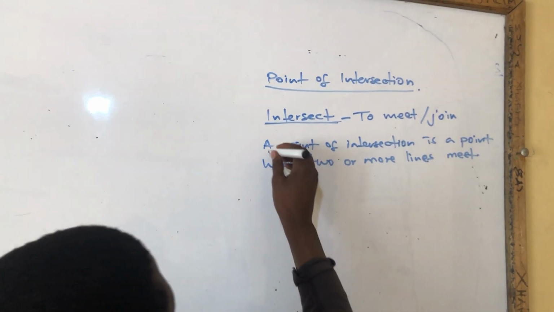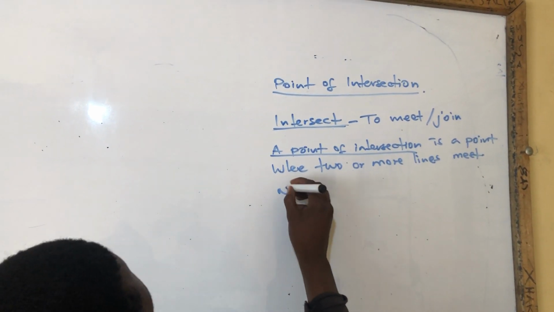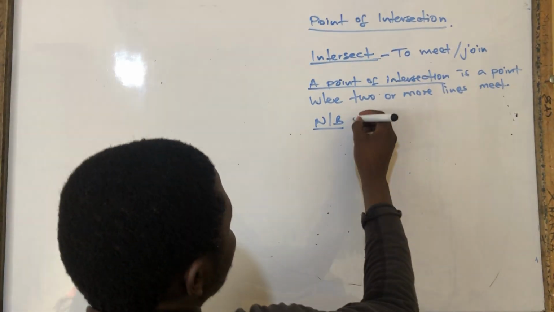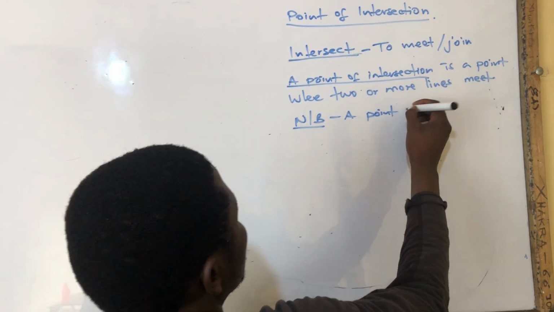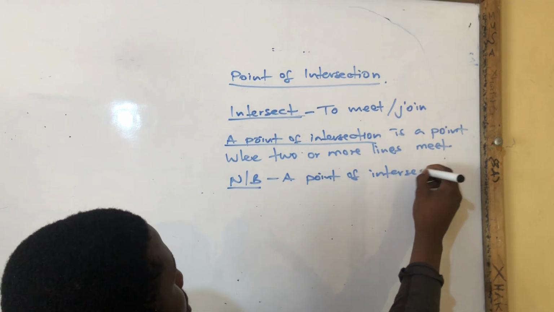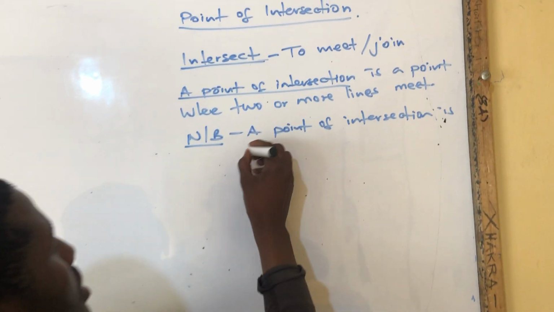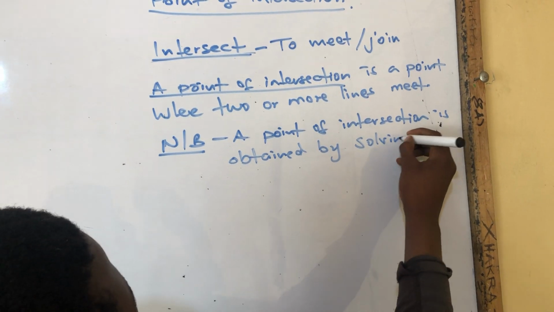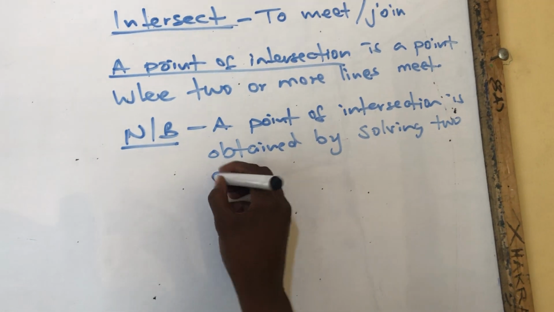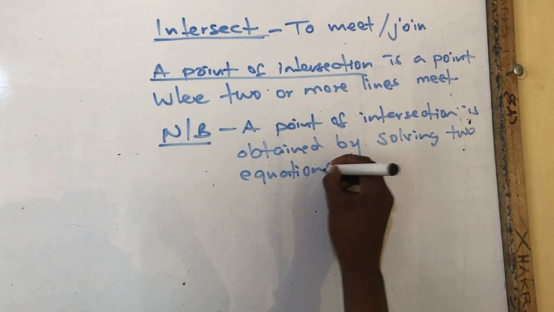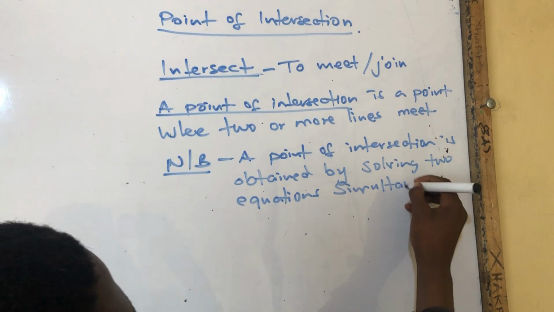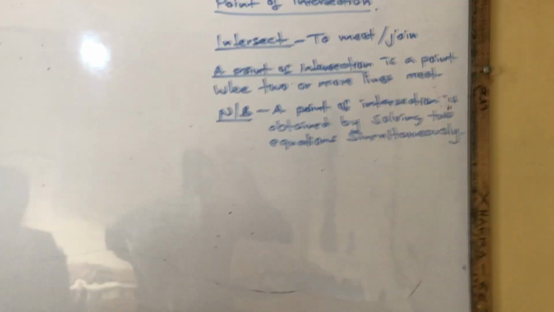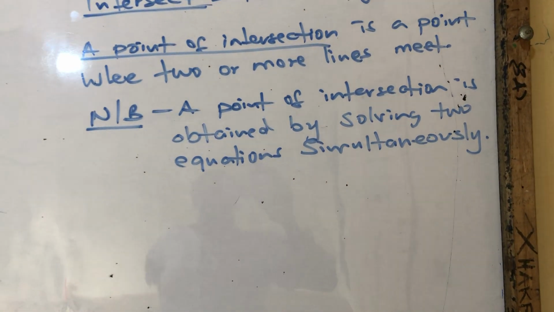So the key question should be, how do we obtain a point of intersection? Take note. A point of intersection is obtained by solving two equations simultaneously.